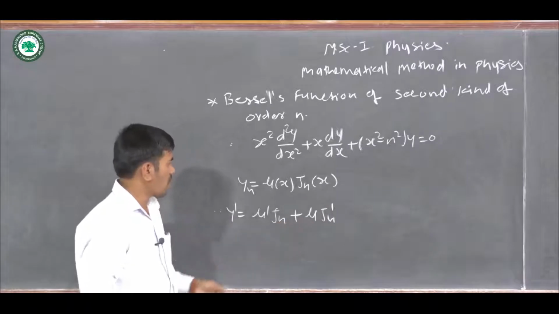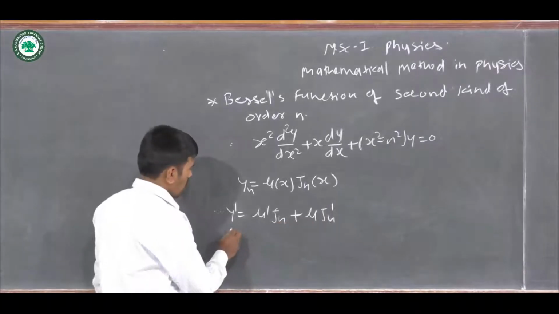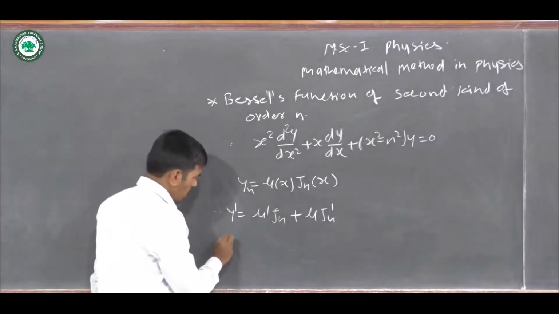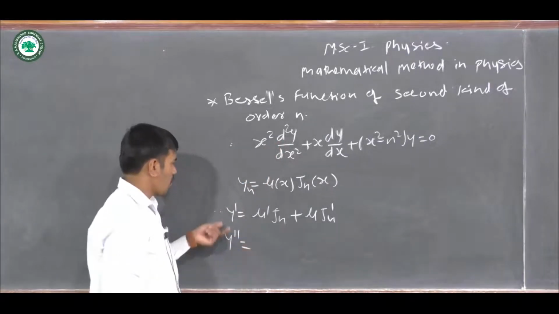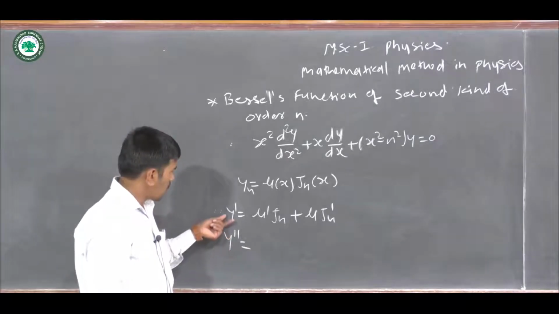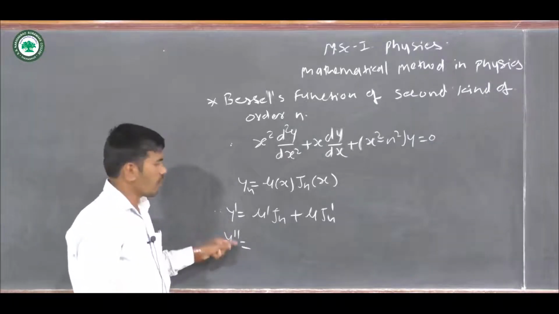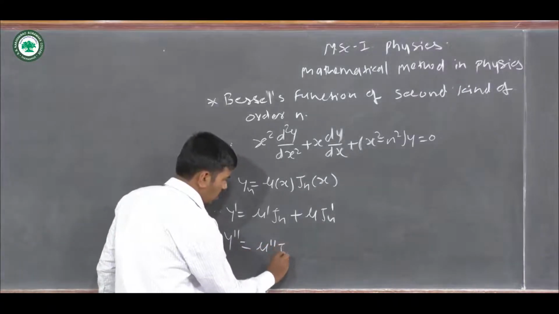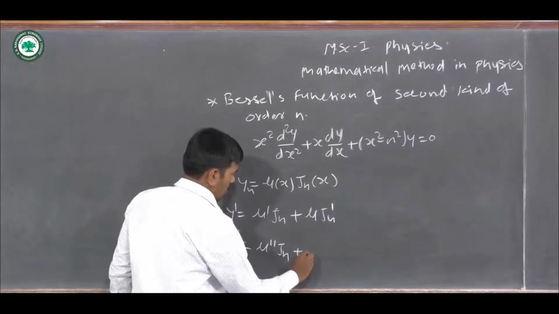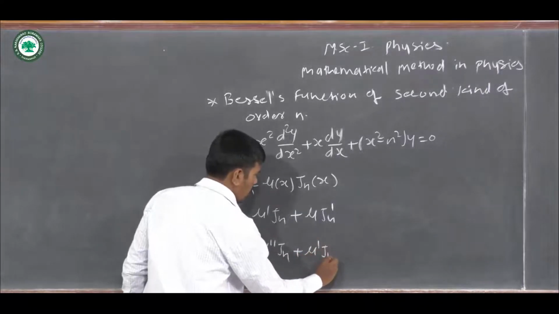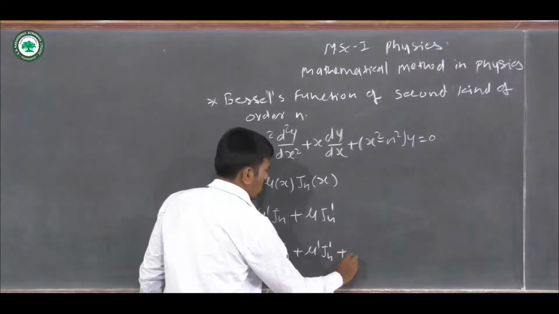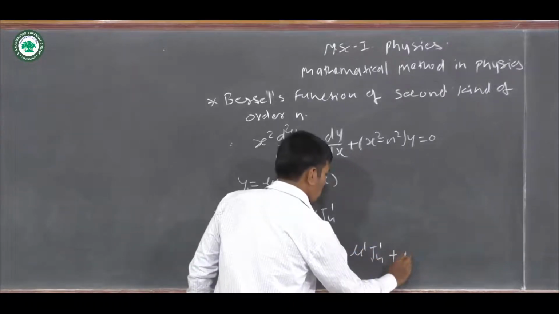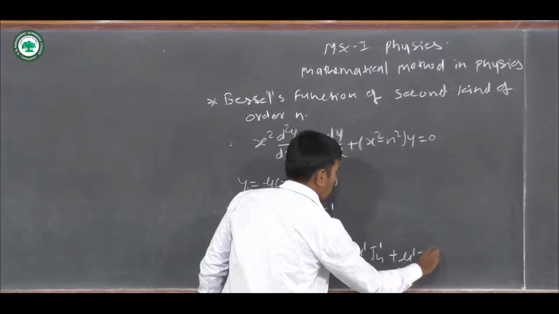Again, for d square y by dx square, if I differentiate y prime with respect to x, y double prime is u double prime Jn plus u prime Jn prime plus u prime Jn prime plus u Jn double prime.